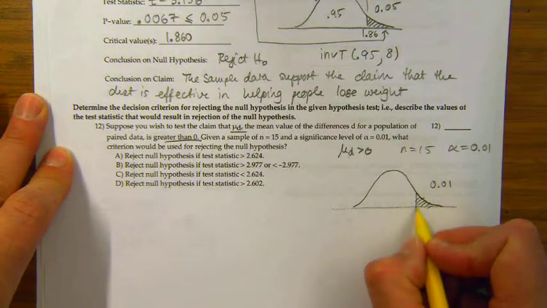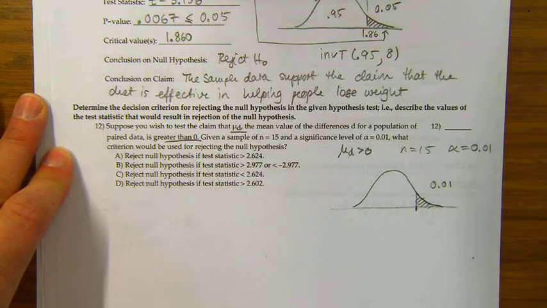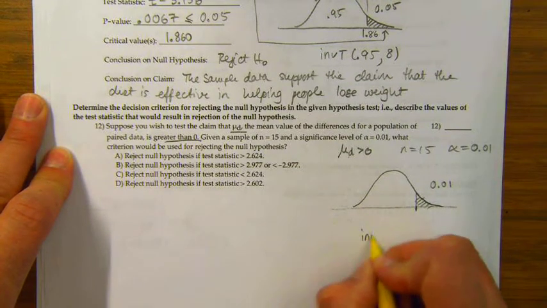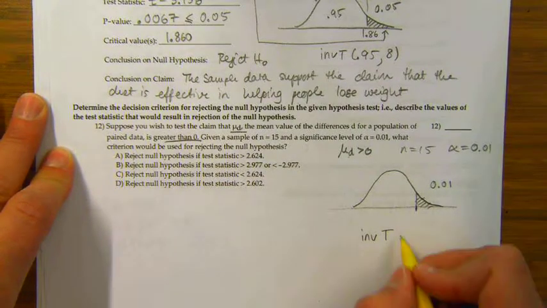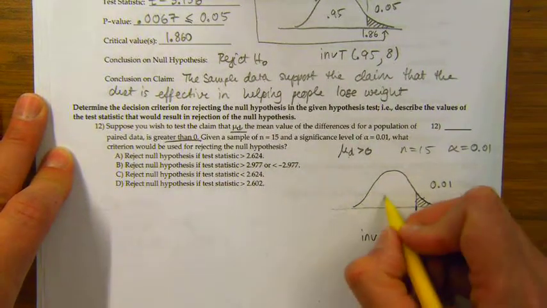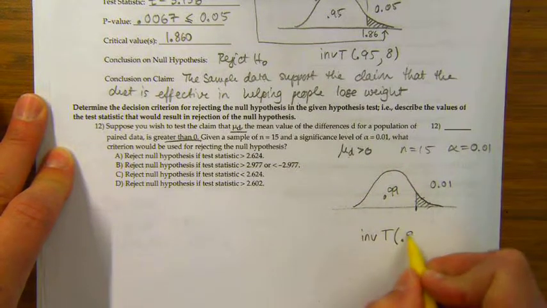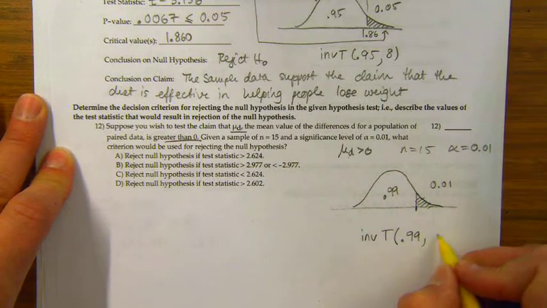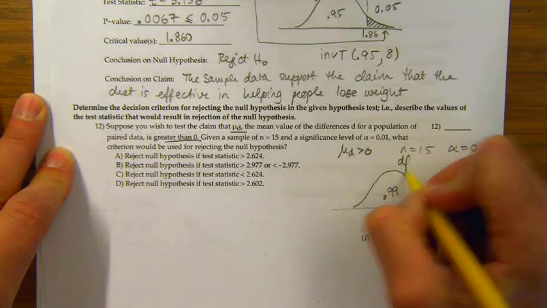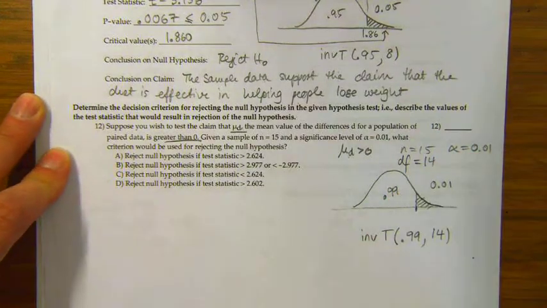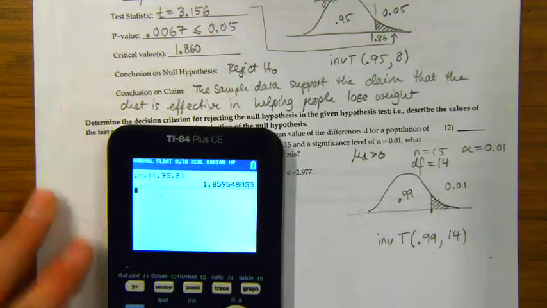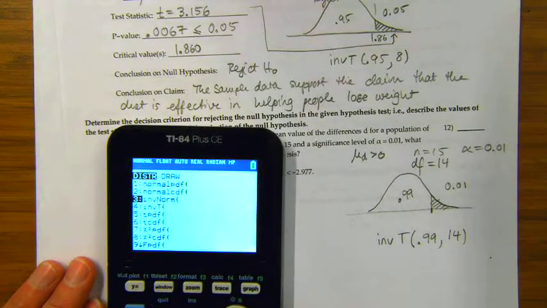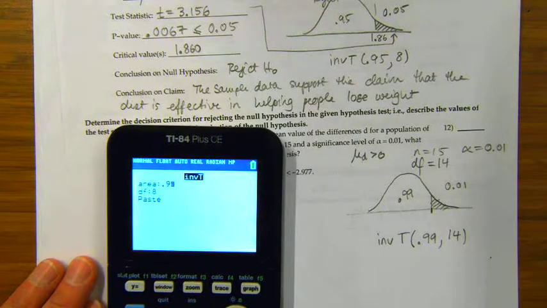So how do we find this critical value? We're going to use inverse what? T. What's the area? Area to the left, 0.99, and then the degrees of freedom? Just one less than our sample size. So let's find the inverse t of 0.99, 14 degrees of freedom.